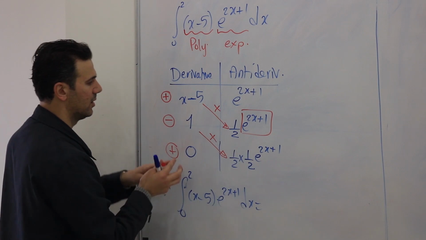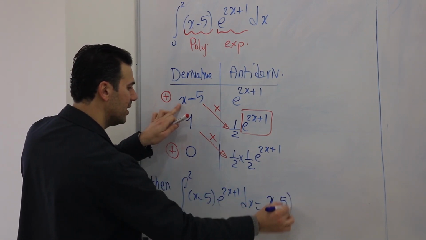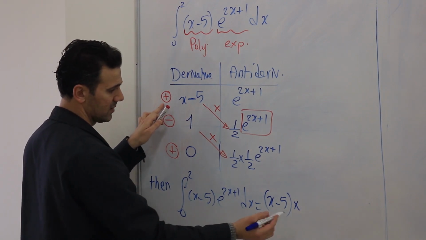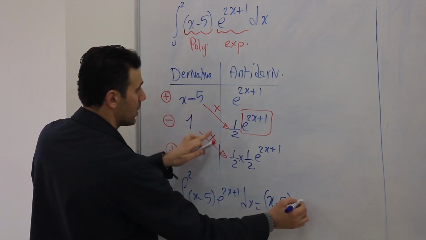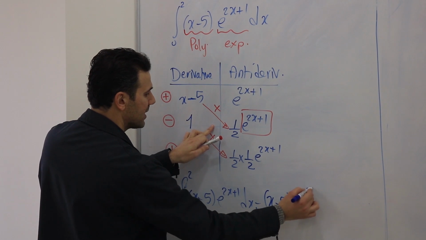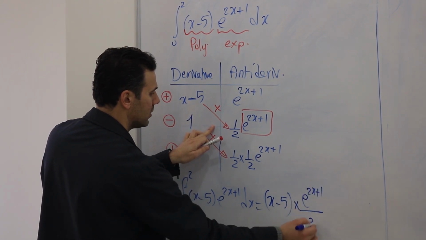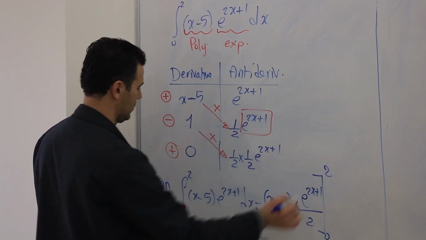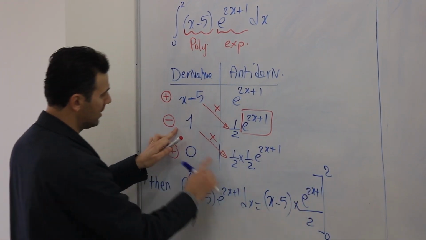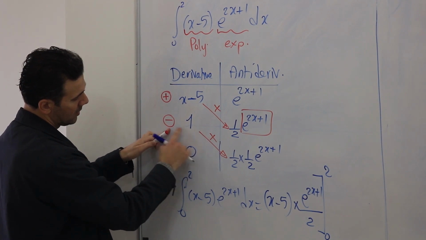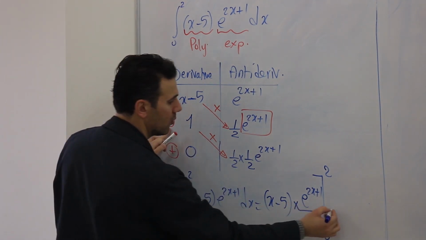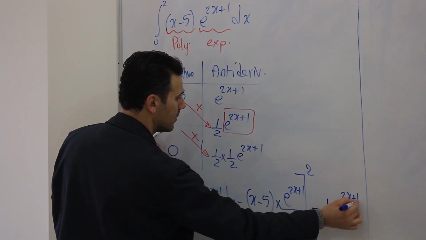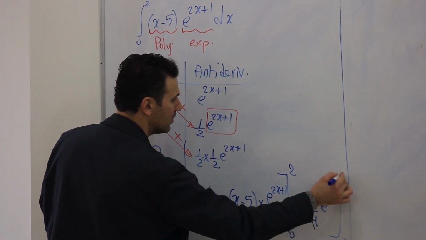This term times that term: x minus 5 times, don't miss the sign, and this sign is plus, doesn't change the answer. So it will be e to x plus 1 over 2, between 0 and 2. Again, minus 1 times that, so it will be minus 1 over 4 e to x plus 1, again between 0 and 2.